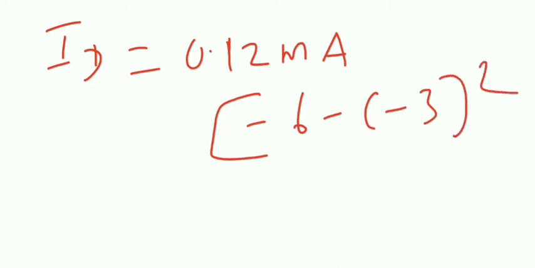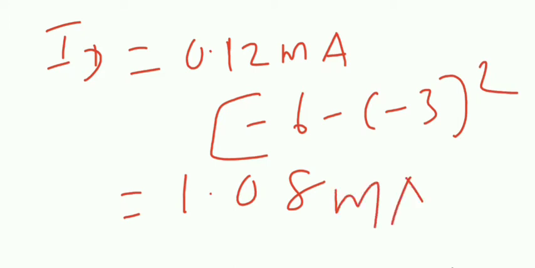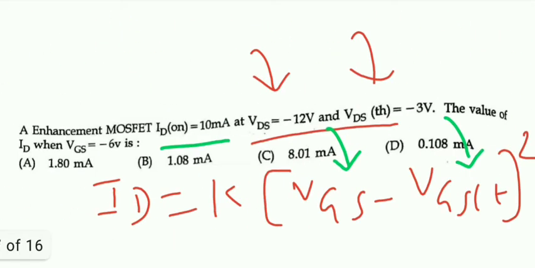If you simplify this, what you get is 1.08 milliampere. So my ID is 1.08 milliampere. So option B is the correct answer.